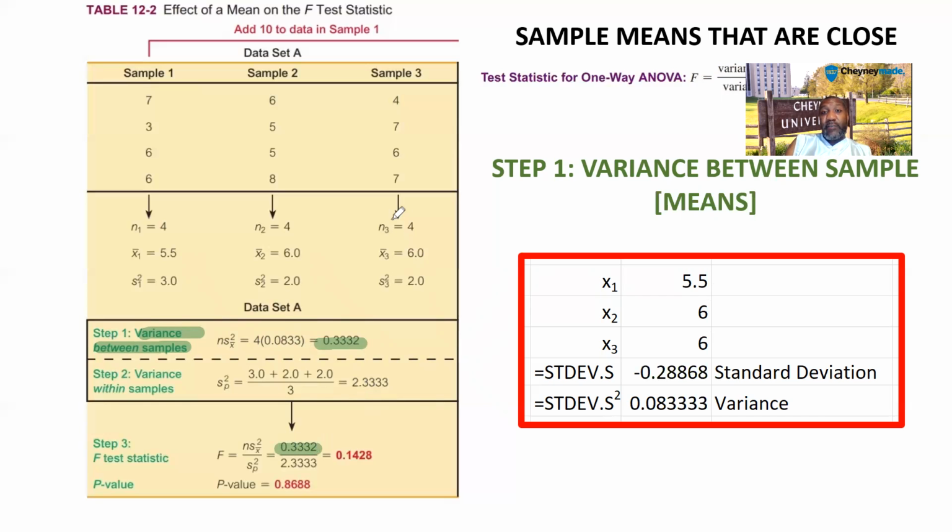Now, the next thing we need to look at is going to be the variance within sample. To do that, we're going to look at this first value. This 3 comes from essentially getting the variance of that sample and also taking the variance of that. And what does it do?